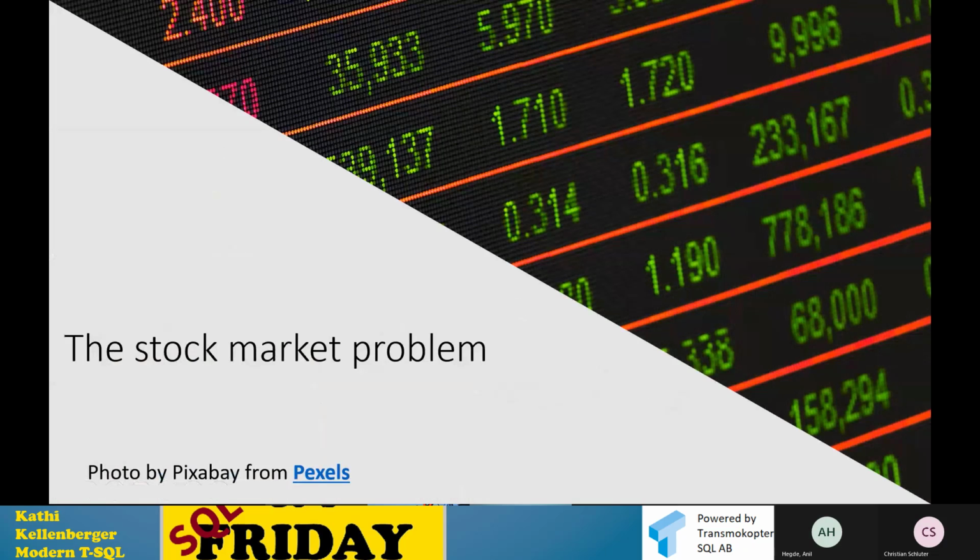All right, the first one is my favorite, the stock market problem. The reason I usually start all of my T-SQL window function sessions with it is that I was working as a consultant on an SSIS project about 7 years ago now.